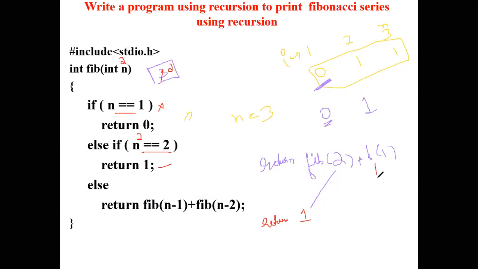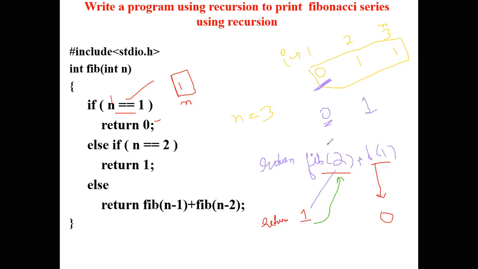So one more we have here, fib of 1. This part is done. Again we have fib of 1. Now what is the value in n? It is 1. So we are checking 1 is equal to 1. Yes, the condition is true. It returns 0. So whatever values we are getting will be passed to this function.